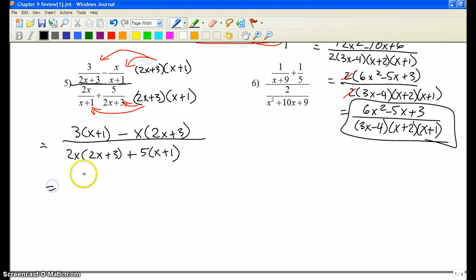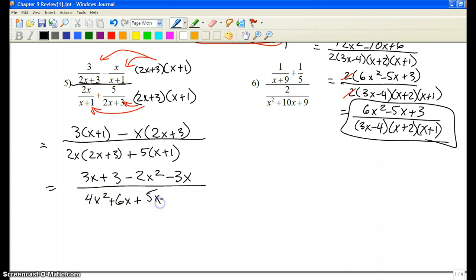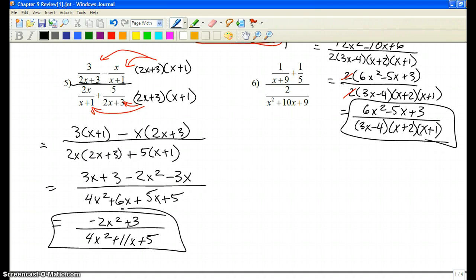So we get 3x plus 3 minus 2x squared minus 3x all over 4x squared plus 6x plus 5x plus 5. We're going to simplify here. We get negative 2x squared plus 3. In the denominator, we get 4x squared plus 11x plus 5, and that's an acceptable answer there.